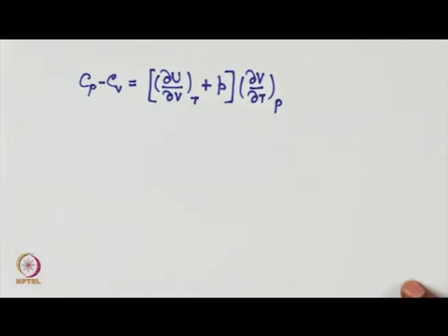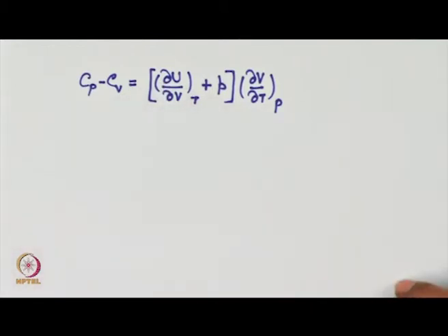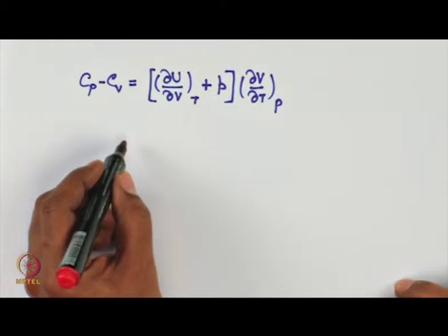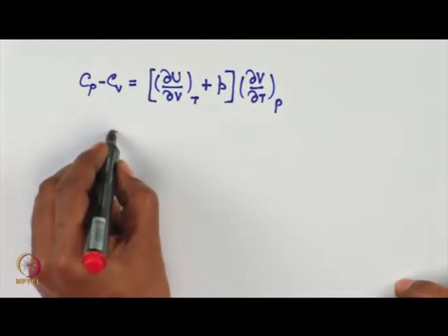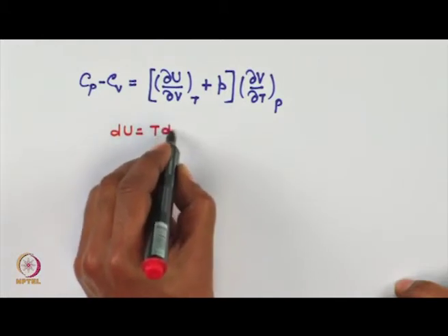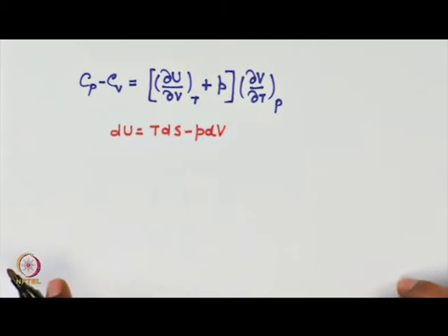Can we write an expression for ∂u/∂v at constant temperature? And that should allow us to get rid of pressure. Let us think. Maybe this equation du is equal to Tds minus Pdv. This is a fundamental equation.